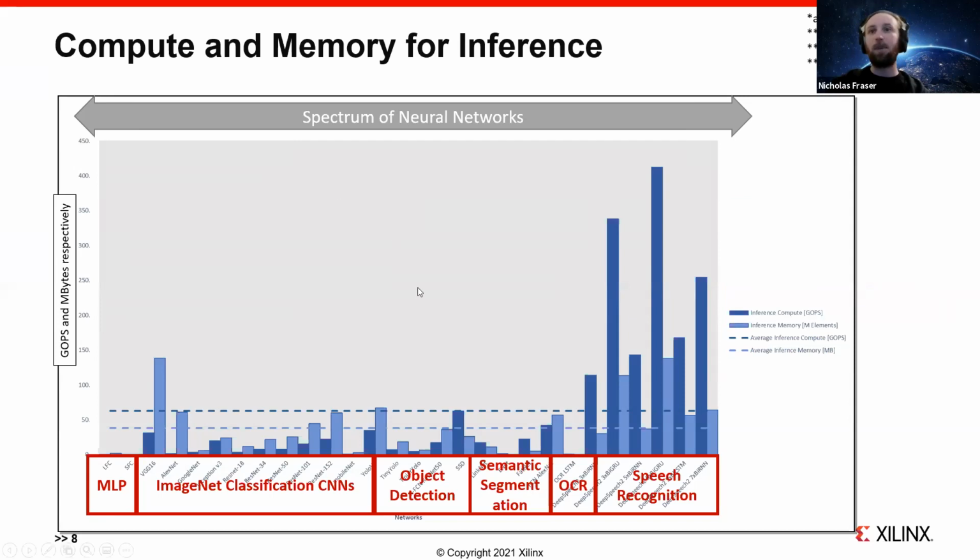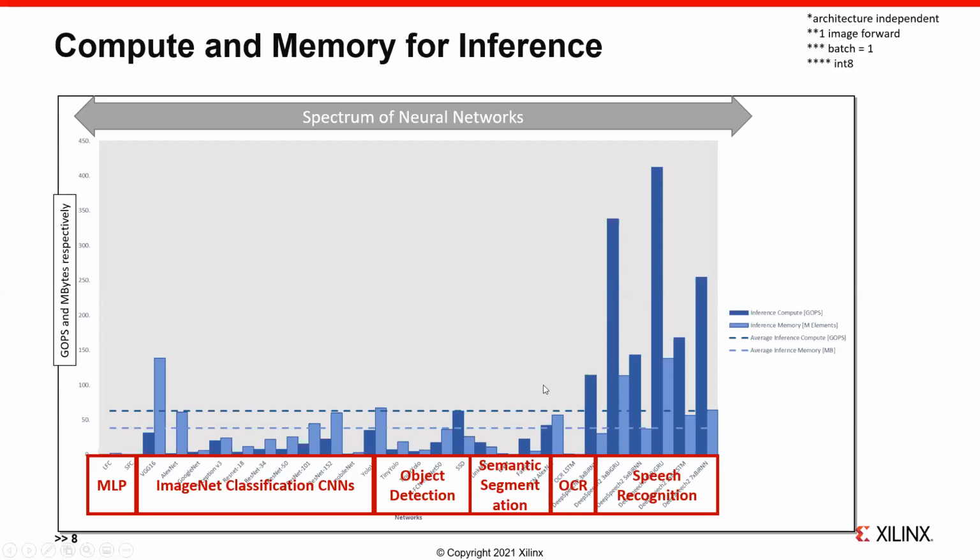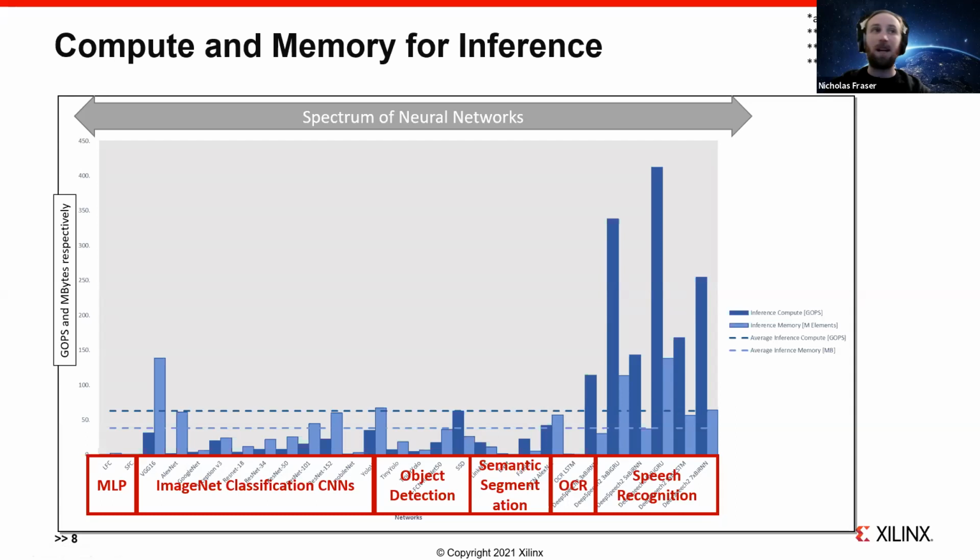And so you can see, particularly on the right, for some of these speech recognition networks, we're talking about hundreds of giga operations for a single inference, and tens to hundreds of megabytes of memory, right?